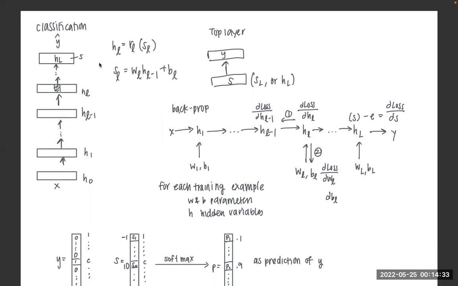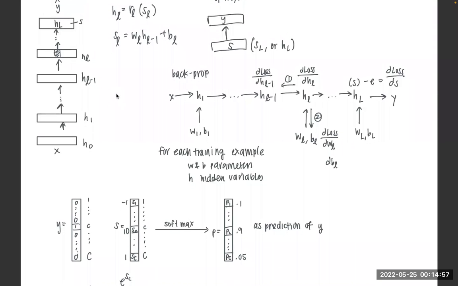That is, our output is a class label. For example, 1,000 categories in the case of ImageNet. But for handwritten digits, there are 10 categories, from 0 to 9, in the so-called MNIST data set. And we want to study this classification problem very carefully.